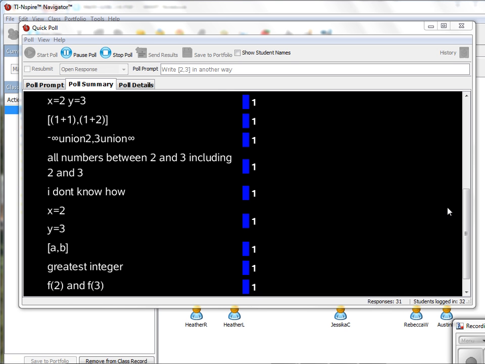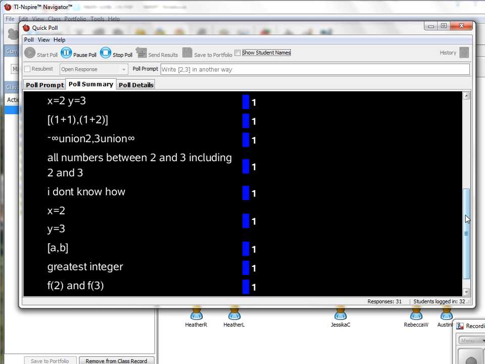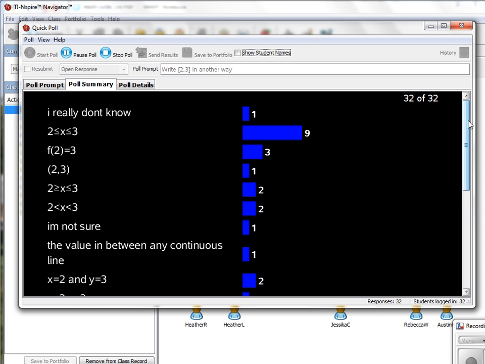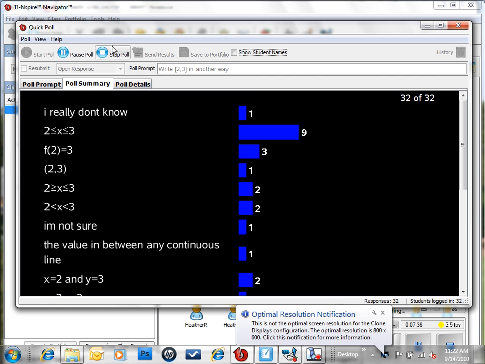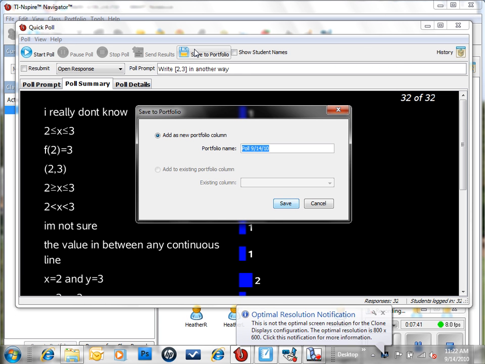And so if we don't understand the language of the mathematics, then we really are going to be hurting. Okay, here we go. I'm going to stop the poll. Let's take a look at these and see what we've got here.